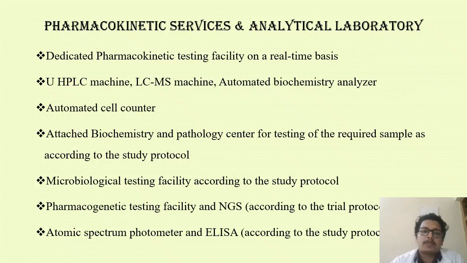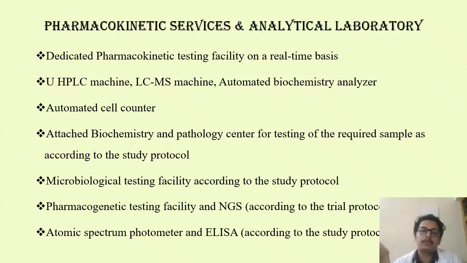There should be an attached biochemistry and pathology center for testing of the required samples according to the study protocol. There should be a microbiological testing facility according to the study protocol, and pharmacogenetic testing facility and NGS if available, according to the need in the trial.